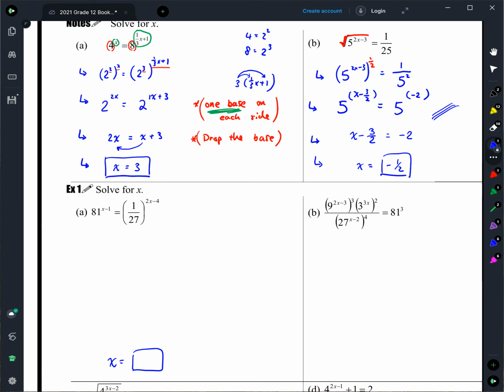Either a fraction or decimal. And if you are pretty confident about this answer, you can move on to B, okay? You can start on question B. If you're not quite sure if you did it right, then you can wait after we go over that.